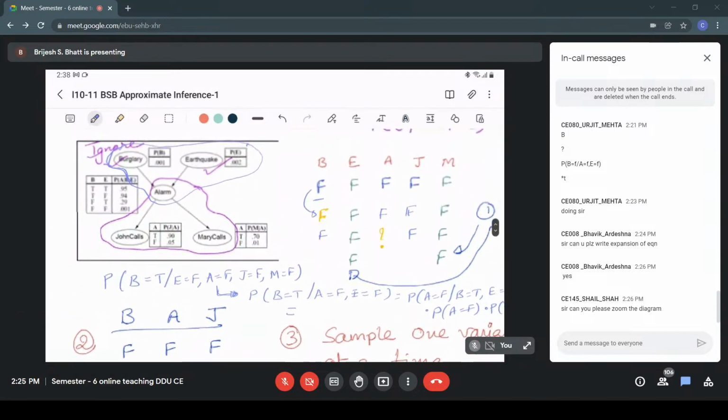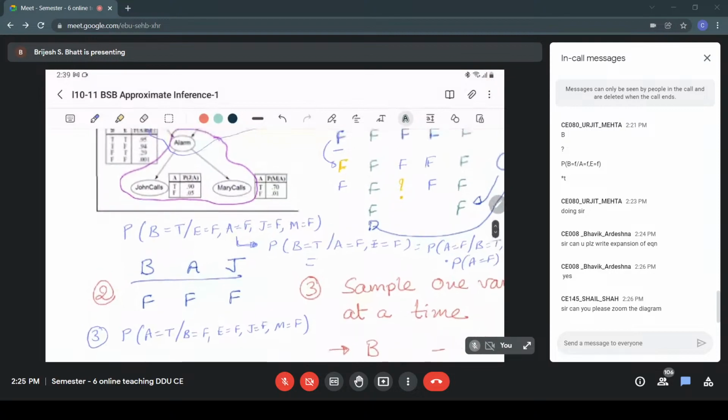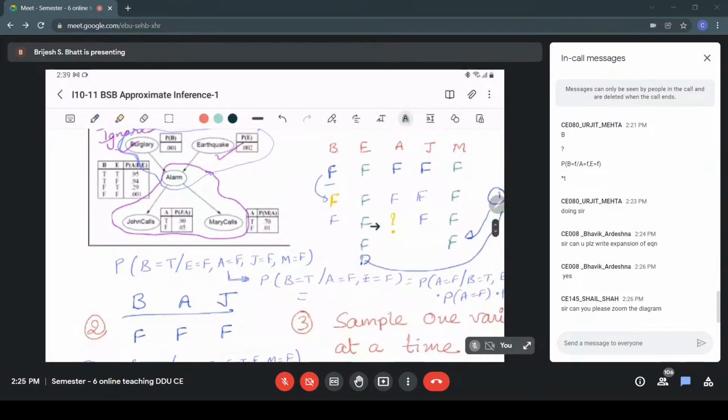And now we look at the Markov blanket of A, which is unfortunately everything. So you cannot reduce any variable. And I will not do this computation then. You do it, right? So you got the point, I guess. So now calculate this, update the value of A. Then after updating the value of A, whatever value you get, put it here.